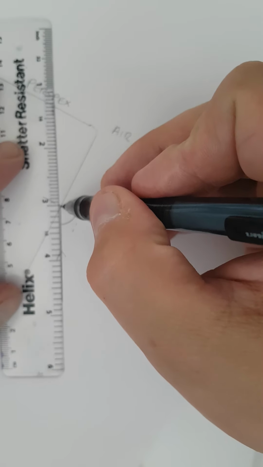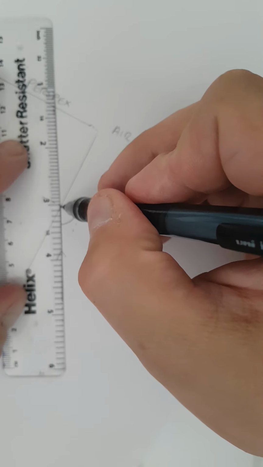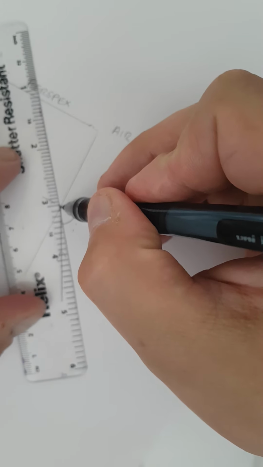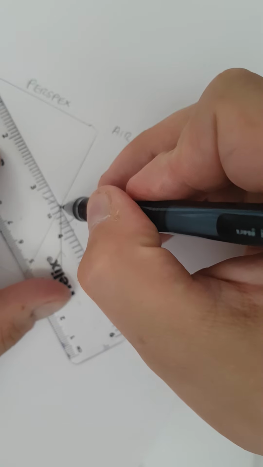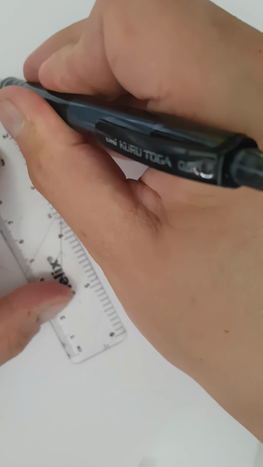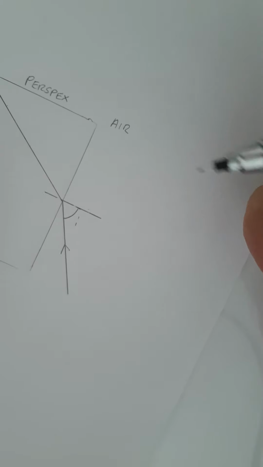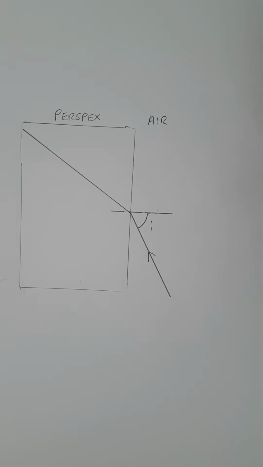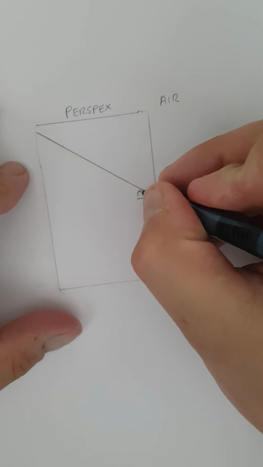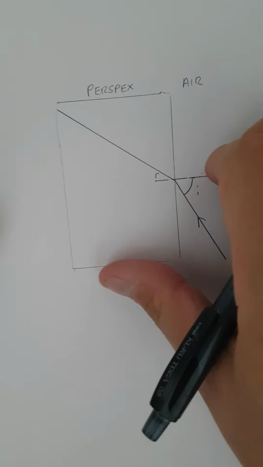So this would be the same. I can move my ruler and draw what I would predict to be the path of light going through the perspex block. This might not be exactly what it's going to be. We can check it in a minute. However, the shape will be the same.